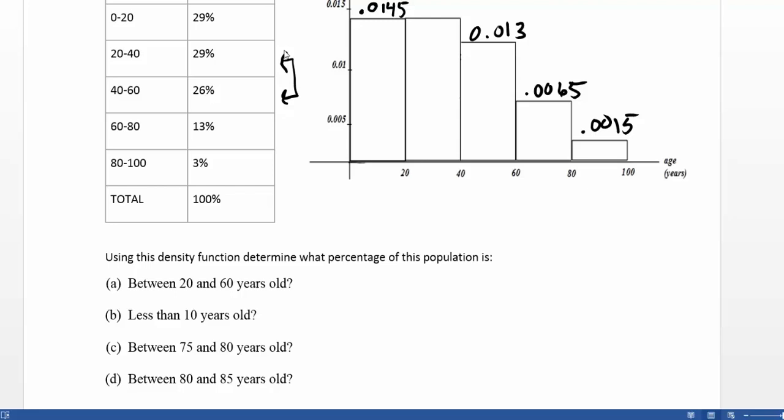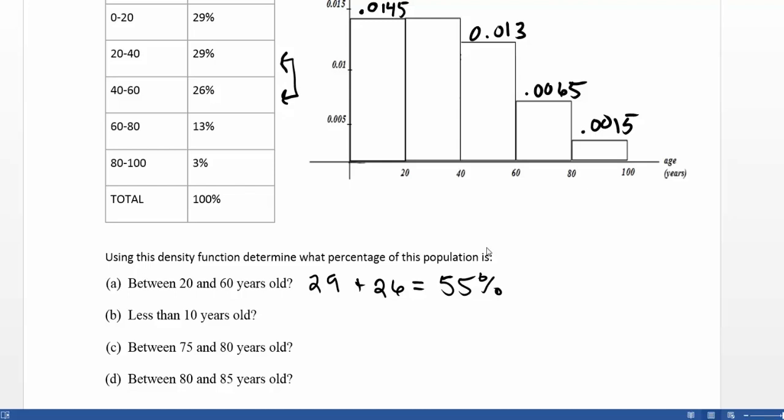We add these two percentages together: 29% plus 26% gives us 55% of our population. So 55% of our population is between 20 and 60.